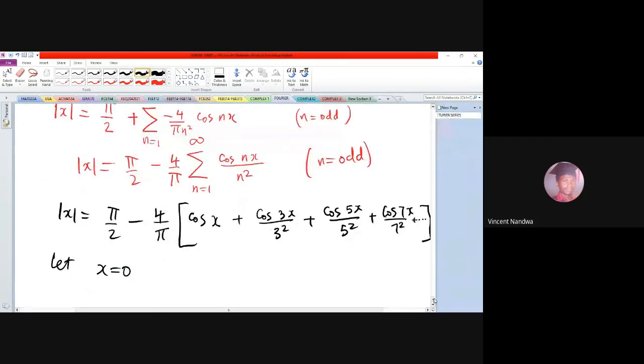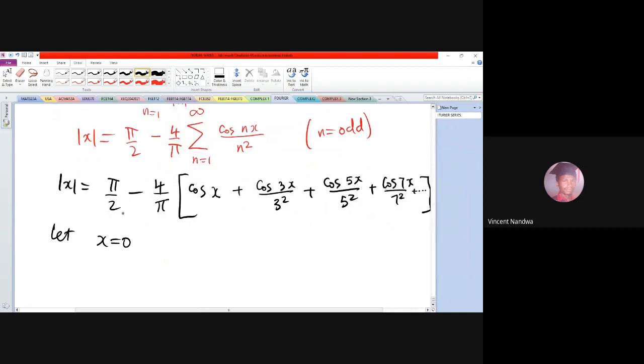So when you let x be 0, we have the absolute value of 0 equals pi over 2 minus 4 over pi into, when you put 0 here, we get 1, because cosine of 0 is 1. And then when you put 0 here, cos of 0 is still 1, so we have 1 over 3 squared. Put 0 here, we get 1 over 5 squared. Put 0 here, you get 1 over 7 squared.